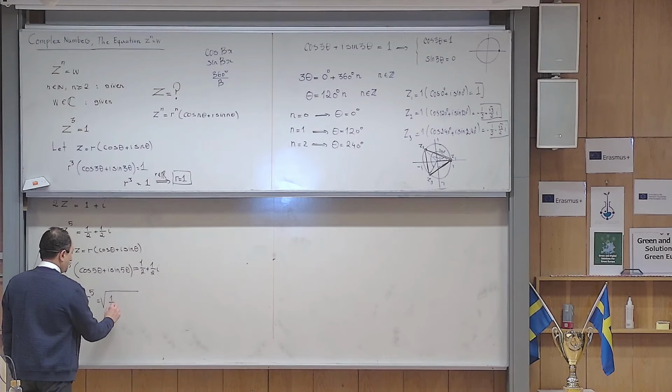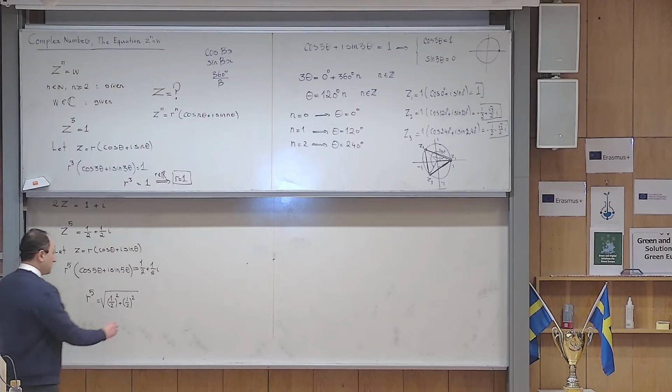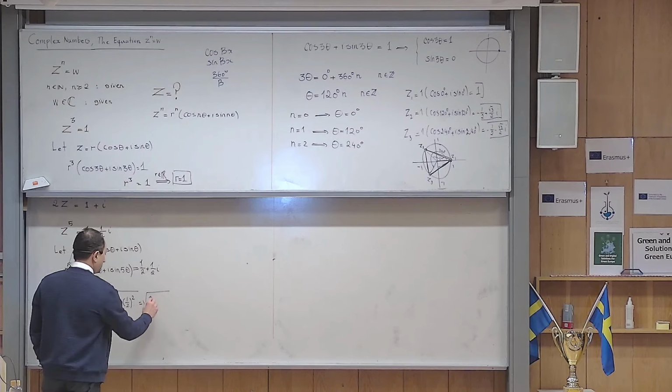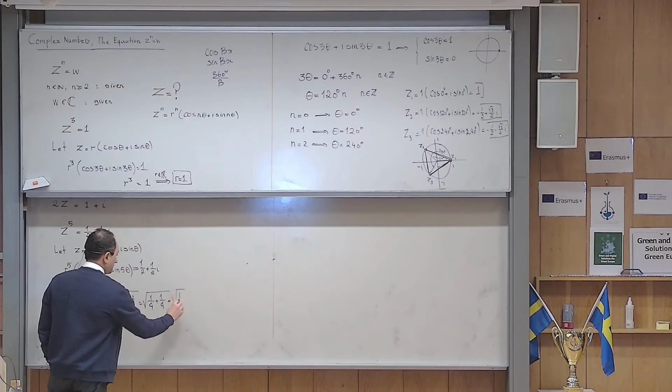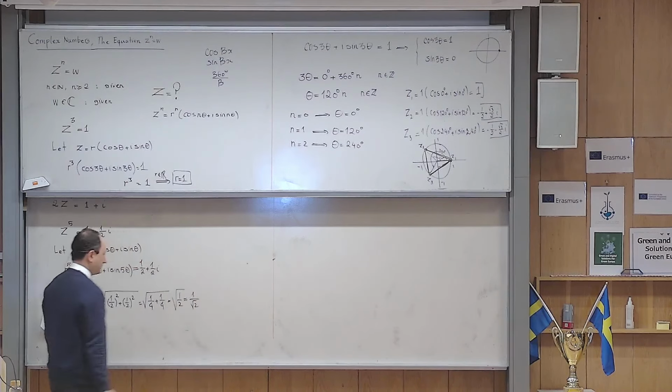It becomes 1 over 2 to the power of 2 plus 1 over 2 to the power of 2. So this becomes 1 over 4 plus 1 over 4, it becomes 1 over 2. Square root of 1 over 2 is simply 1 over square root of 2.